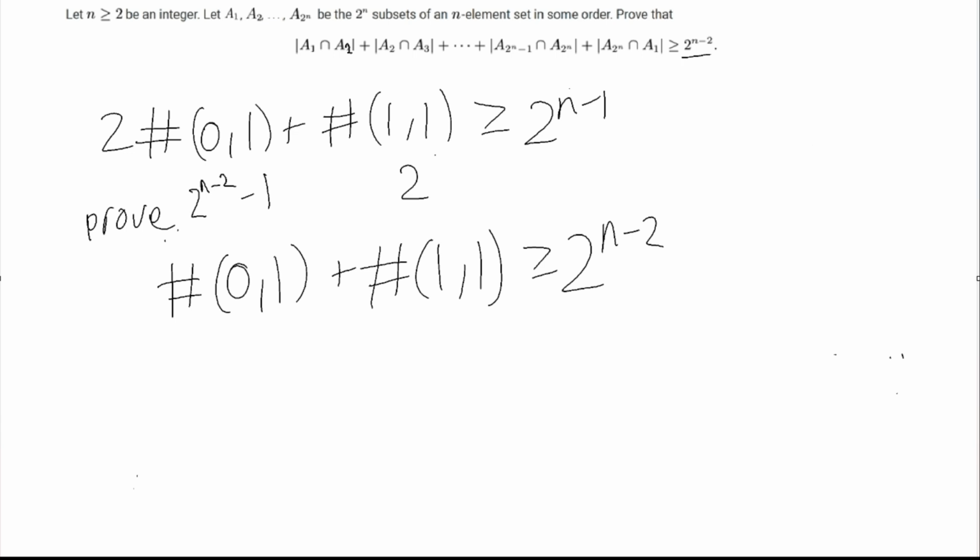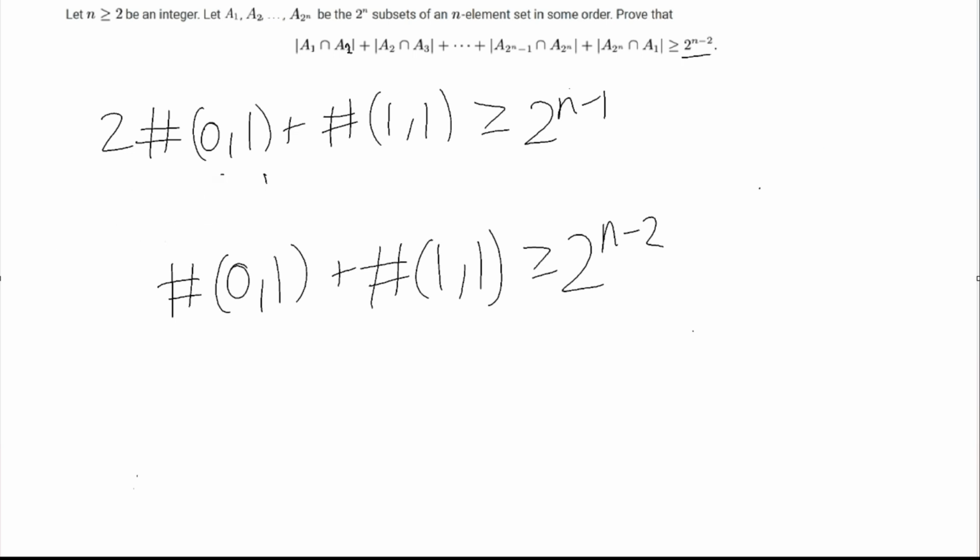And then when you add them together, you end up getting 2 to the n minus 2, then plus 1. And that's clearly worse. So really it seems like the worst case scenario is when this one here is equal to 0. So let's see if we can do something with that.